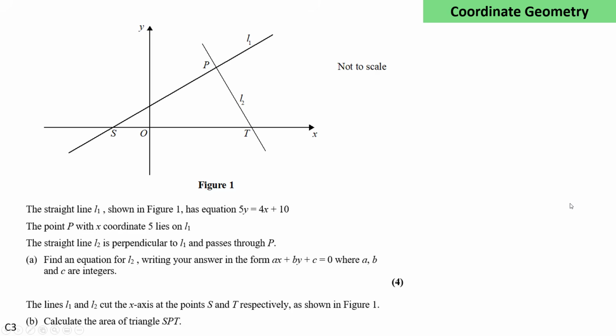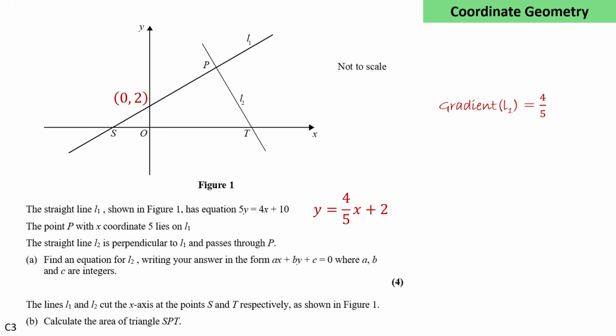Let's turn now to a coordinate geometry question. We're told that a straight line L1 has equation 5y equals 4x plus 10. We rearrange this: y equals 4/5 x plus 2. We can see the y-intercept is 2 and the gradient of L1 is 4/5.